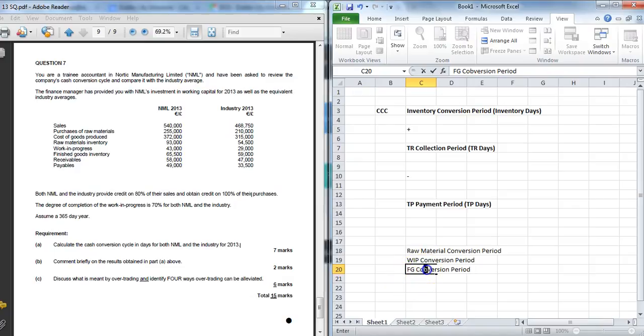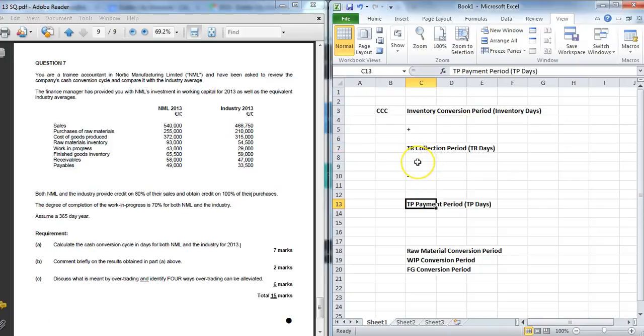So all you're doing is essentially looking at it in a bit more depth, because in a manufacturing environment you actually have 3 different types of inventory. You have finished goods, you have work in progress, and again working back to your raw material that you initially start with. So when we're doing the cash conversion cycle here, we're likely going to have 5 ratios: 3 for inventory, 1 for trade receivables, and 1 for trade payables.